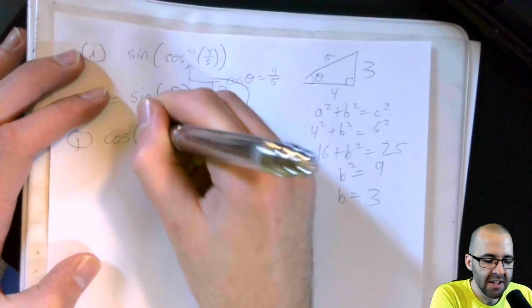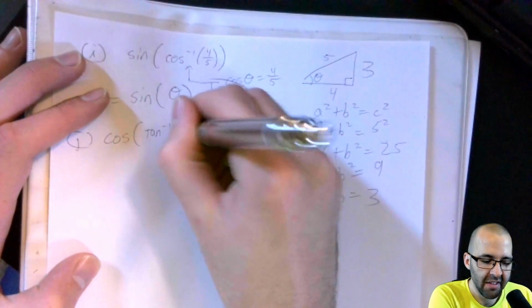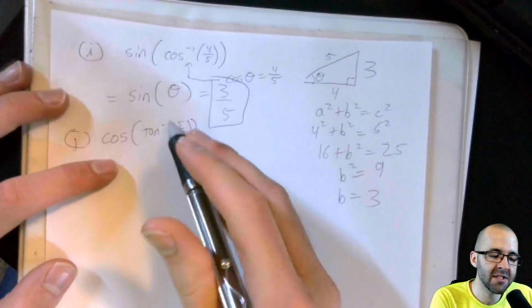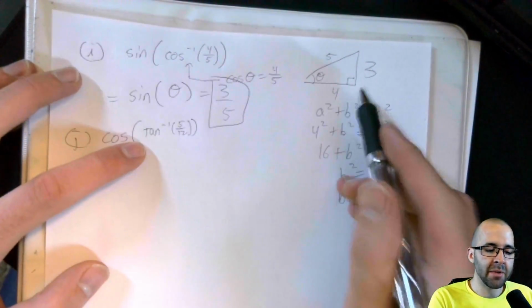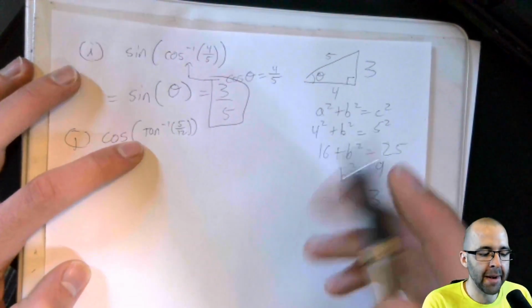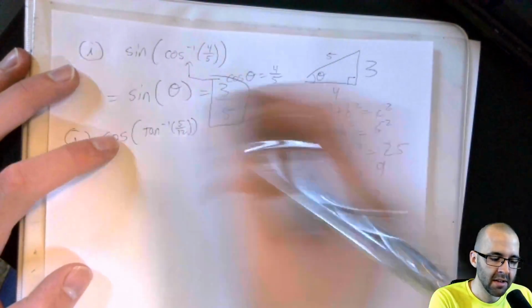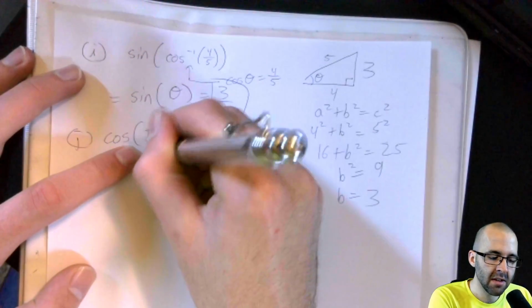Find the cosine of the inverse tangent of 5/12. And again, when the inverse is on the outside, we solve it one way. When the inverse is on the inside, we solve it this way, with the theta middleman. So remember, right here, this inside is some angle.